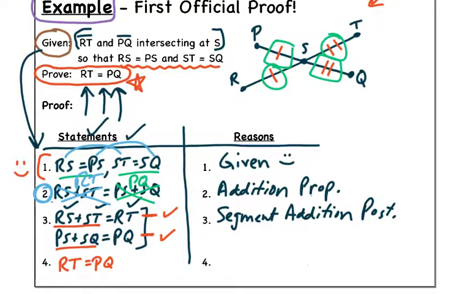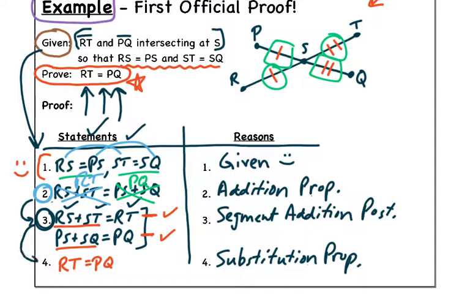When I'm plugging that in, I am substituting. So this is called the substitution property that we've seen before, but now used in real action here. Basically I took a mixture of step 2 with step 3, and by substitution I got the final part that I want to prove. And I did it. Yay, check, we're all done.